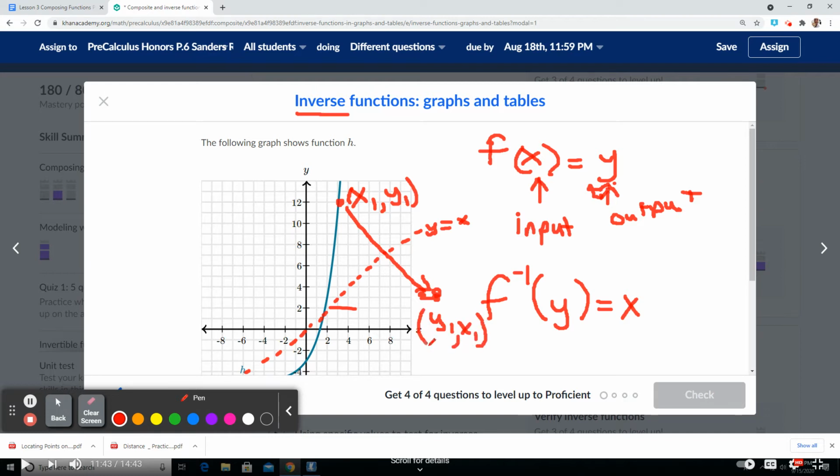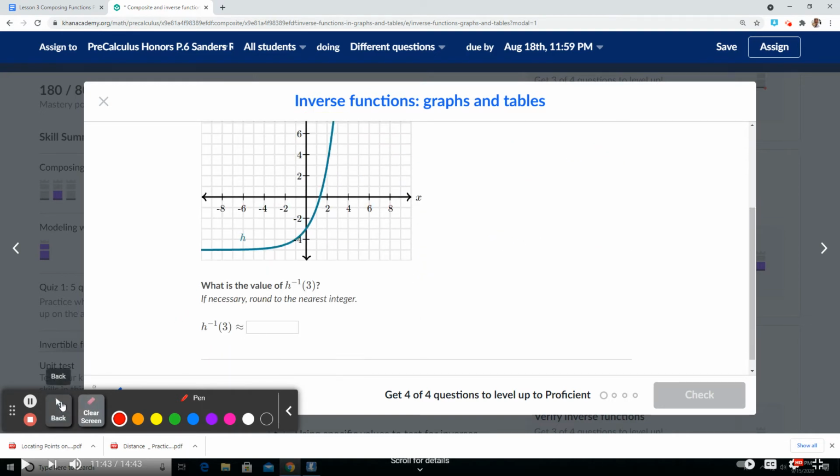So basically all we're doing is we're switching x and y, whether we're looking at the function or whether we're looking at the graph. Okay, so let's go ahead and answer the question now.